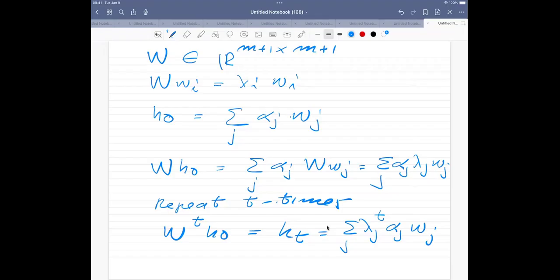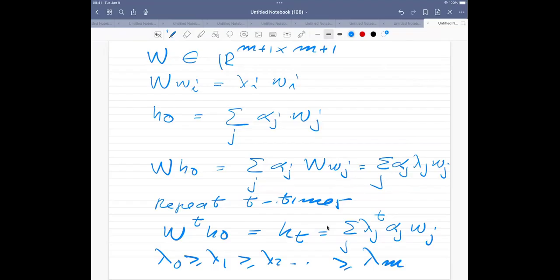Now we can assume that the eigenvalues are sorted. So assume that you have lambda 0, which is larger than lambda 1, which is larger than lambda 2, and so on up to lambda m.